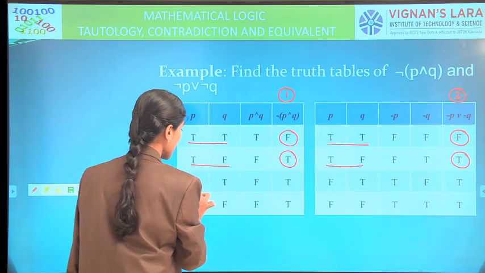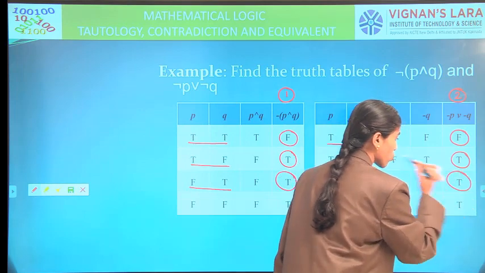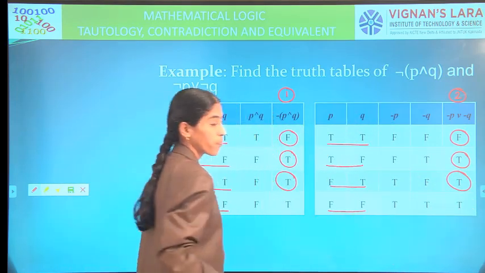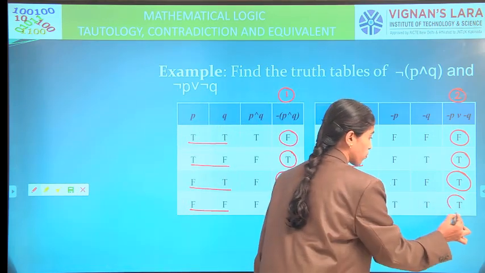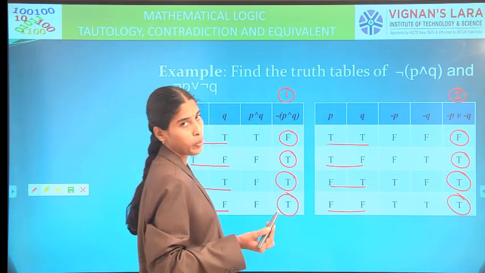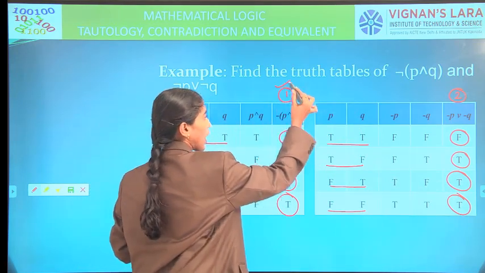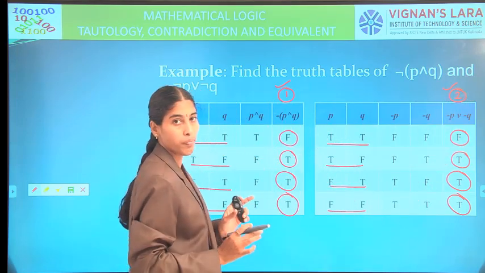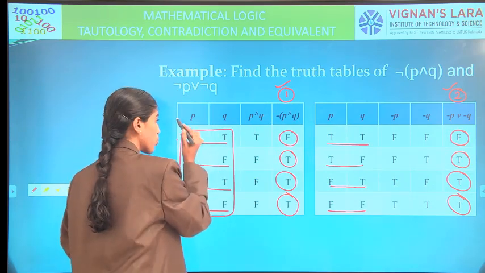In the third case, F and T, the resultant truth value is true, here also true. For the same combination F and F, both the given propositions 1 and 2 have the same truth values. So the given propositions 1 and 2 have identical truth tables for the same set of possible combinations of truth values.